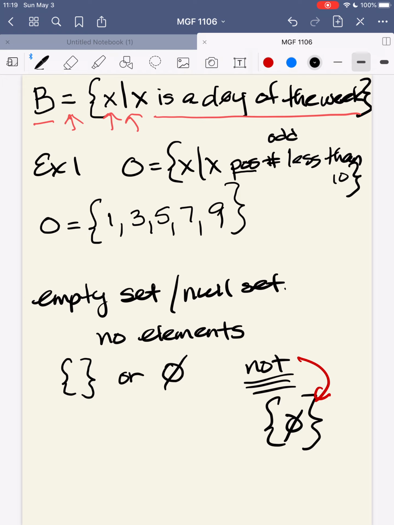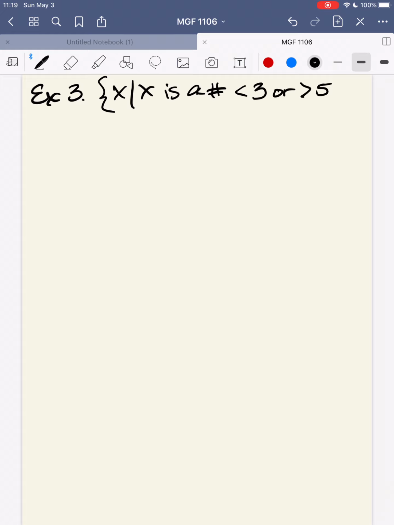I'm going to look at example 3. I want to know which of the following is an empty set. Part A says I have the elements of x such that x is a number less than 3 or greater than 5.